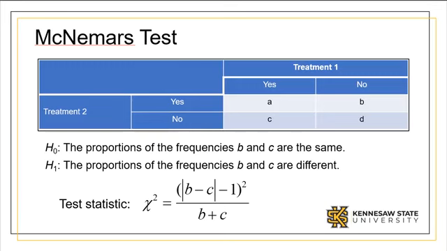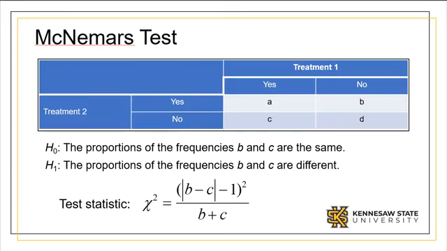Pay close attention to how the data is presented to ensure that the counts of the discordant pairs are the ones used in your calculation. There is no universally accepted or required method for presenting data. Take all necessary cautions in this regard.